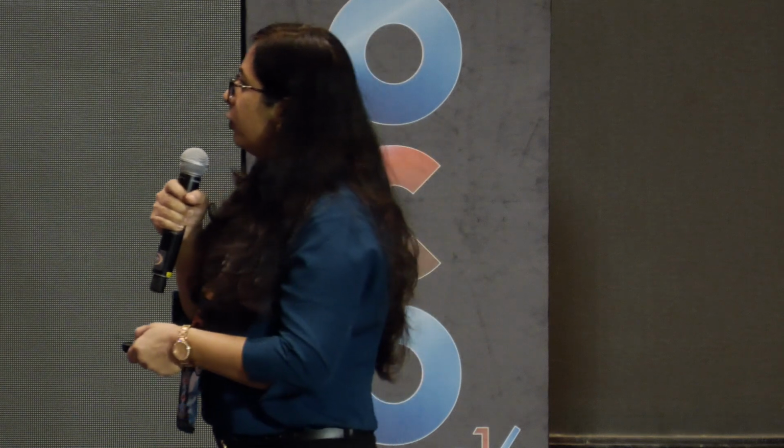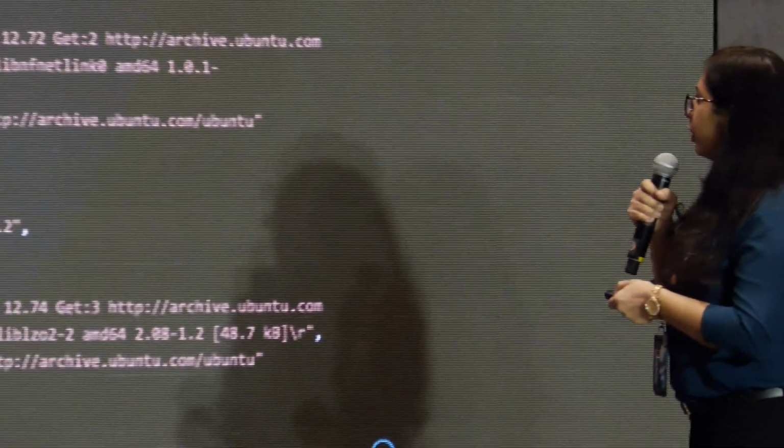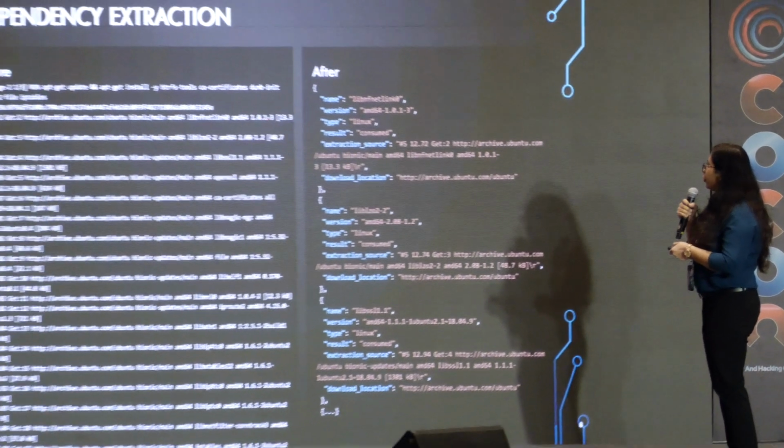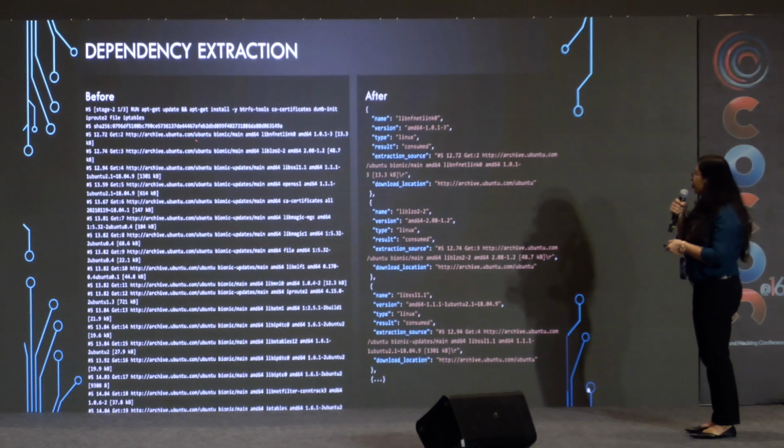Let me show you how we do the dependency extraction, or what we'll get. On the left side, these are the pipeline logs that we feed into the /dependencies endpoint, and in the output, we get the list of dependencies. Here, this is a dependency, libnfnetlink0, with the version amd64 1.0.1-3, and it is downloaded from archive.ubuntu.com.